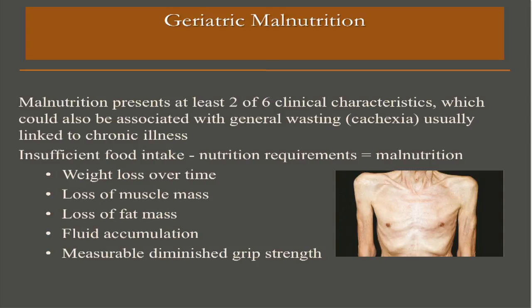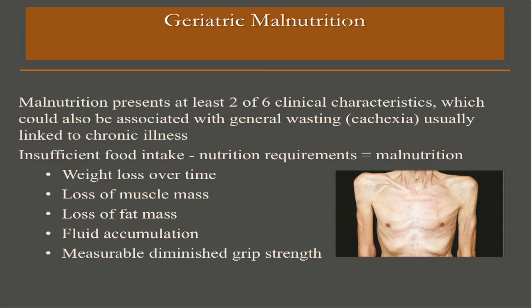One of the main things, obviously, is uncomfortable oral health, any pain or inefficient teeth arrangement, anything that leads to the patient not being able to eat, minus nutrition requirement, which is the nutrients that the body needs to function properly, leads to malnutrition.